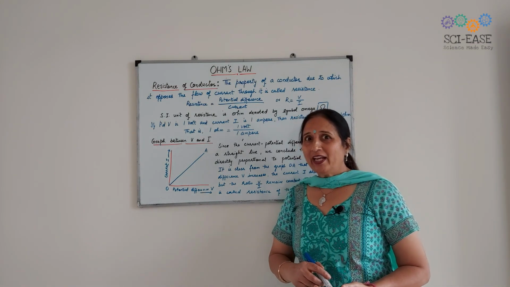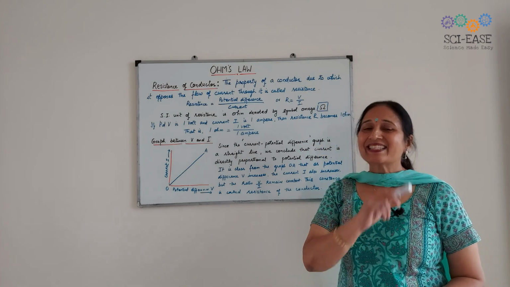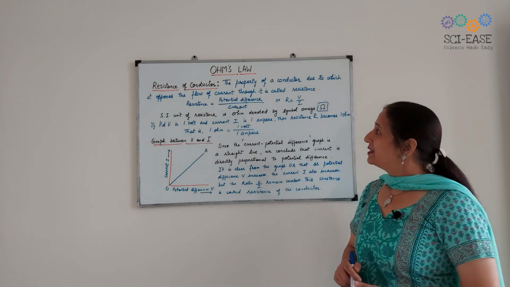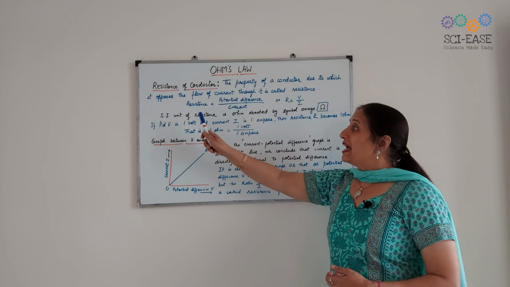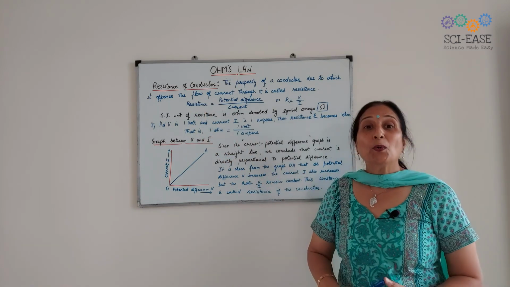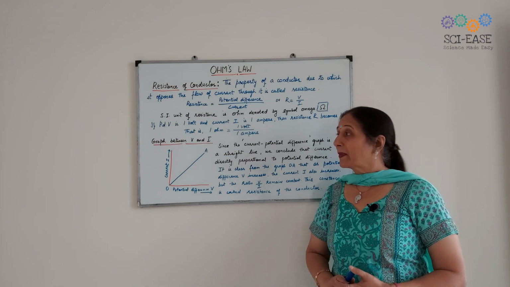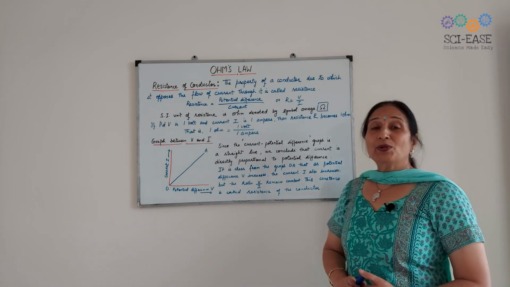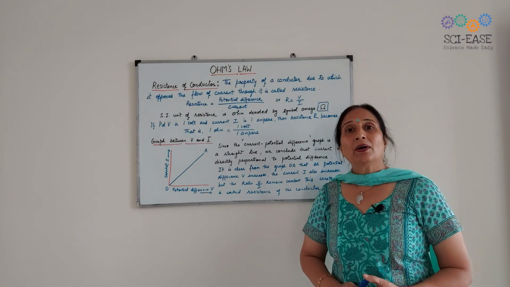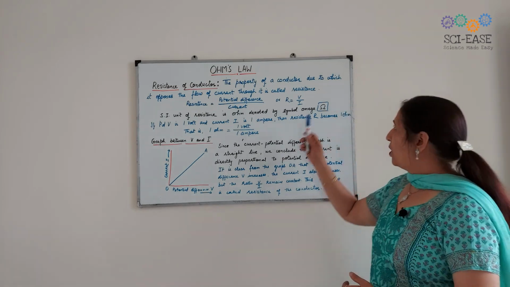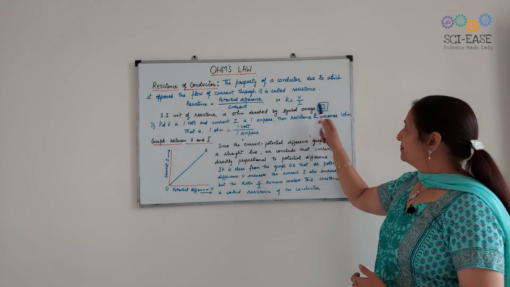One thing I want to tell you is the SI unit of resistance. The SI unit of resistance is ohm, which is named after the scientist, and it is denoted by the symbol omega. How is it drawn? Omega, like this.